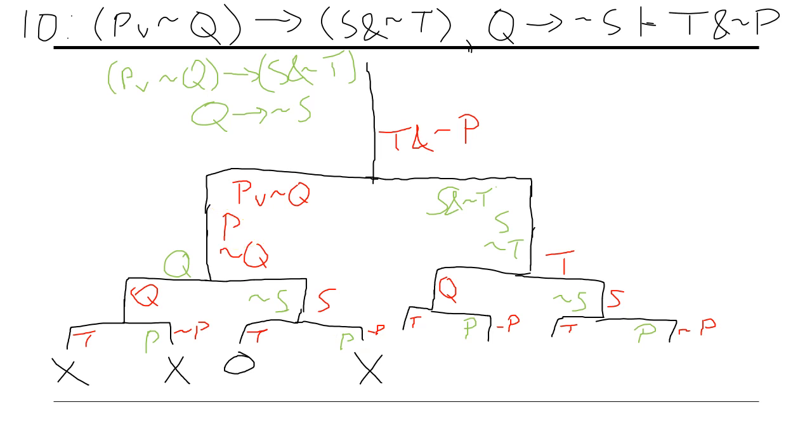Then we have T, Q, and S, that all looks open to me. Then I've got P, Q, T, S, that one is also open. Then T, S, and not S, and that one's going to contradict up there, so both of these are going to close off.